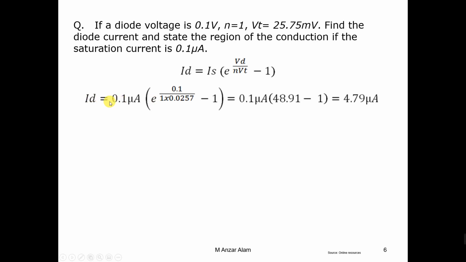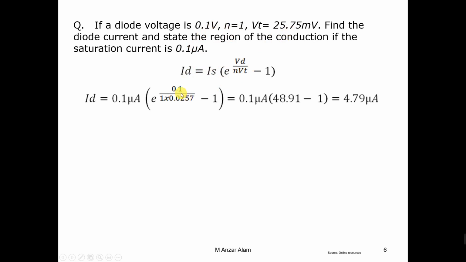IS is given as 0.1 microampere, the diode voltage is 0.1 volt, N is equal to 1, and the thermal voltage constant is 25.75 millivolt.